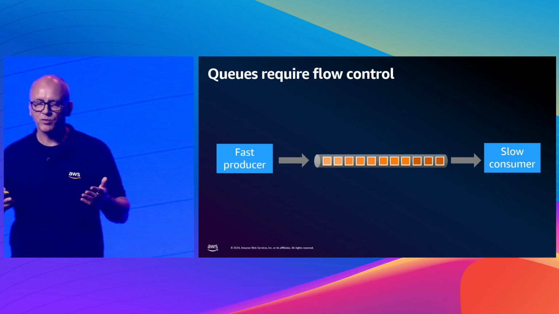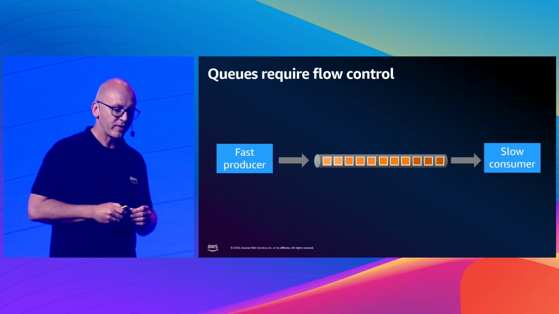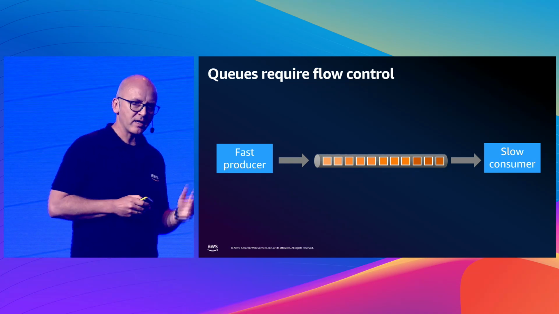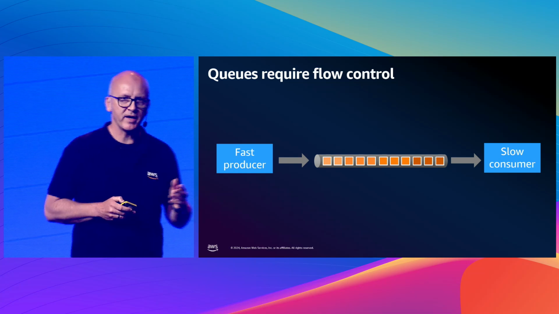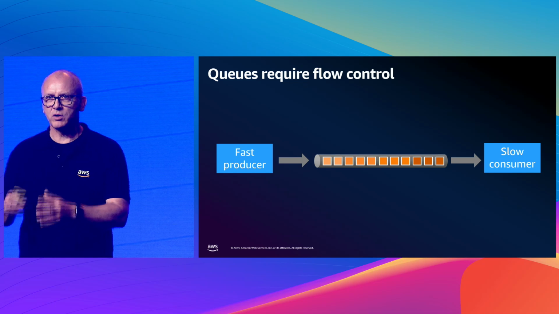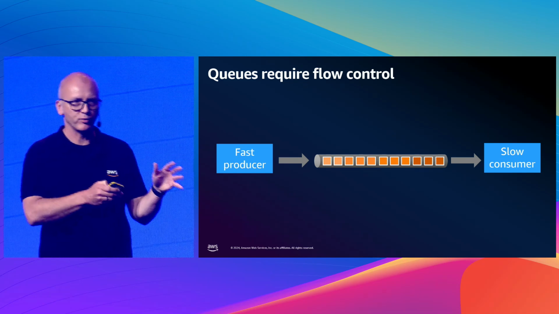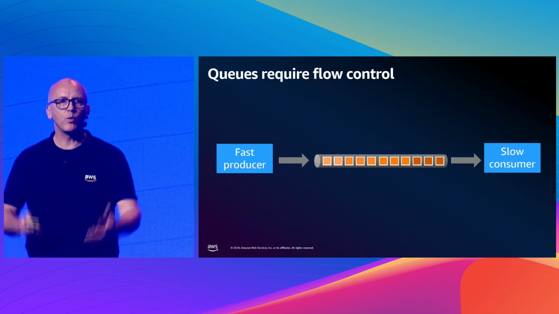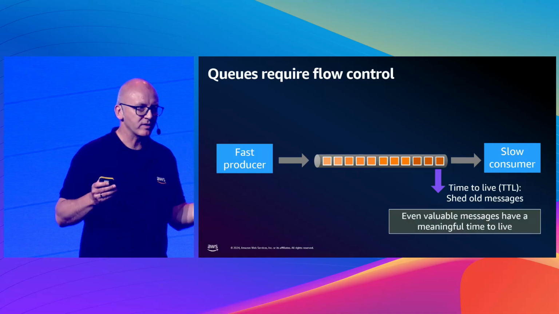I just wanted to make you aware of one thing that you should also take into account when you work with queues. They typically require flow control, in the sense that when you have slow consumers constantly and fast producers constantly, then your queue will fill up. So there are two things that you can do about it.